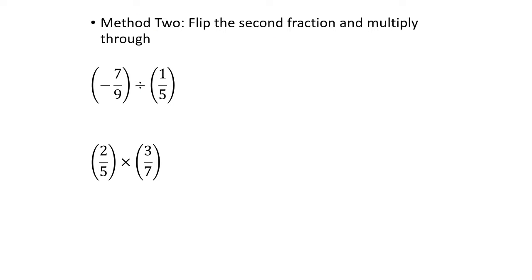Our next way for dividing rational numbers is flip the second fraction and then multiply through. So this problem right here is, I'm going to write it again, negative 7 over 9. I'm going to flip this number. So instead of being 1 over 5, it's going to be 5 over 1.